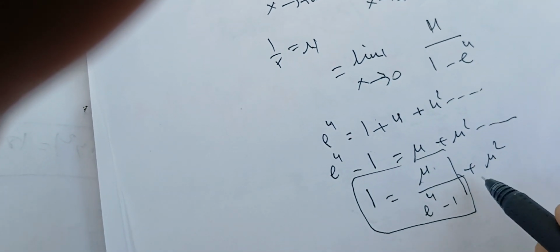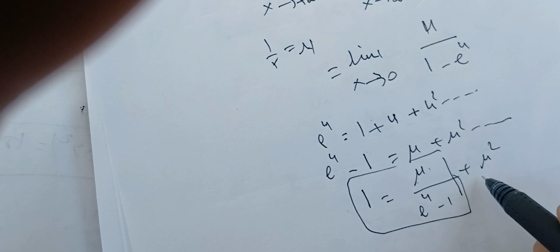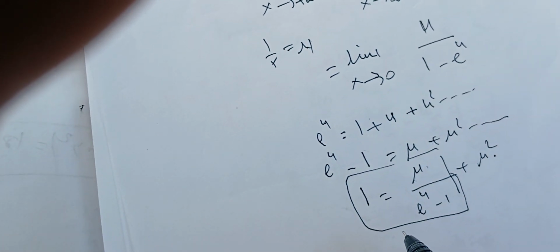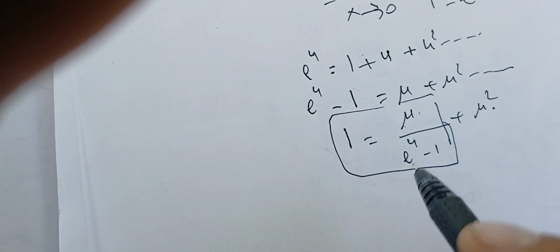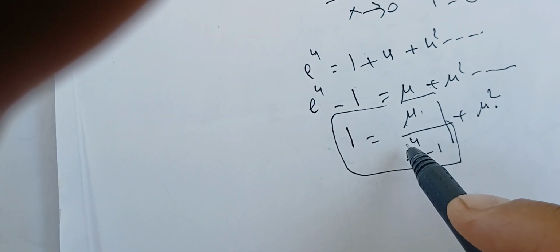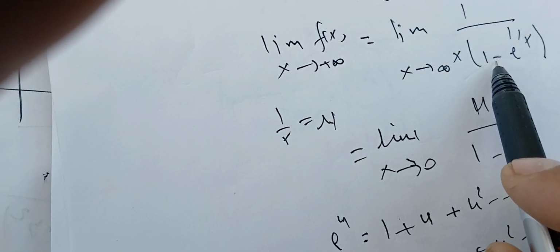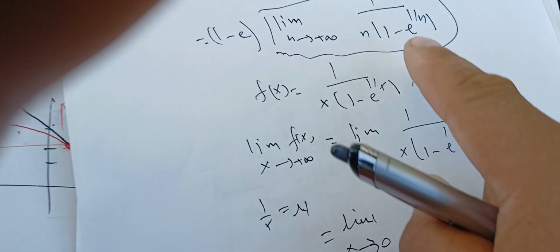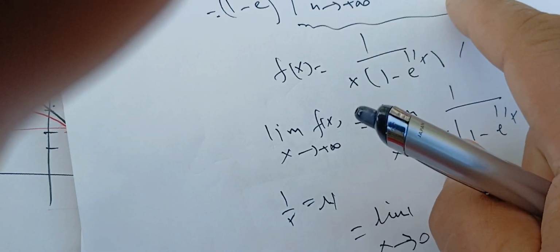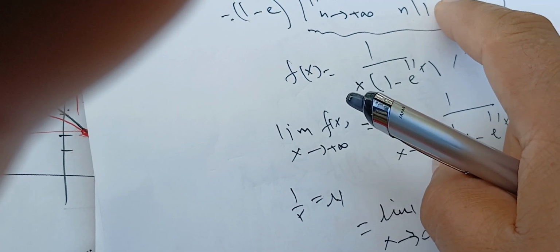So what's the limit? This one is going to be 1, but we are interested in 1 minus e to the power u, not e to the power u minus 1.